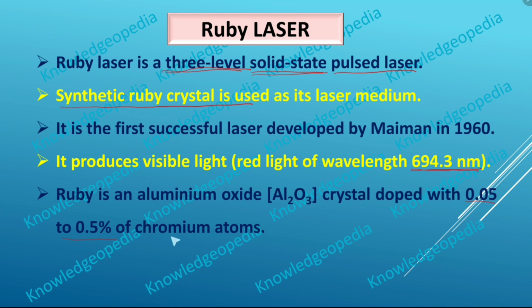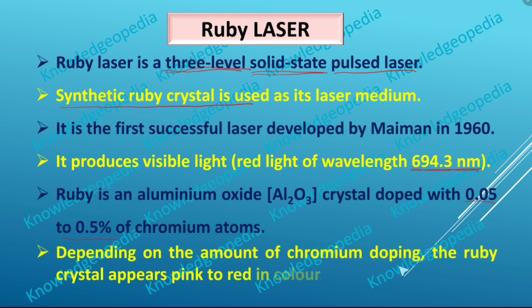If doping is less, then it is more towards pink color, and as we increase the amount of doping, it will become red in color. So depending on the amount of chromium, the ruby crystal appears pink to red in color.